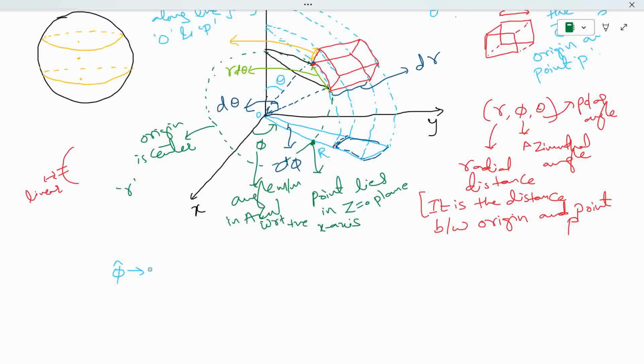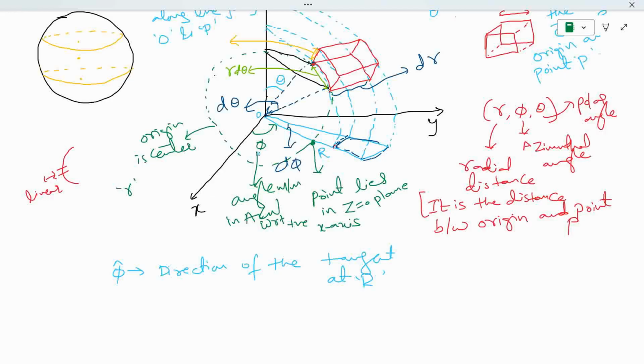Its direction is the direction of the tangent at R. Wherever the point P may be in the space of the sphere, just draw the circle such that the circumference passes through the point P and O is the center.